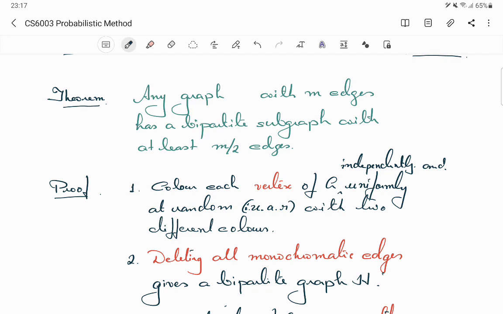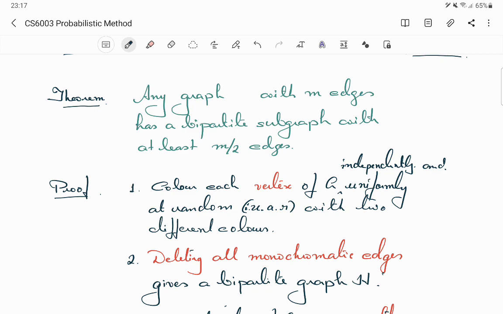But now what would be the number of edges in H? That would be decided by luck, because it's a random experiment. On a lucky day, a lot of edges may survive, and on an unlucky day, in an extreme case, it is possible with a very, very small probability that all the vertices are colored red. In fact, it happens with probability half to the power n, where n is the number of vertices in the graph.